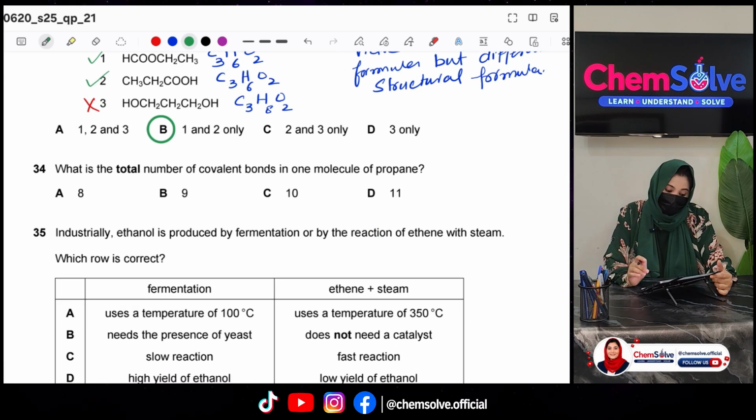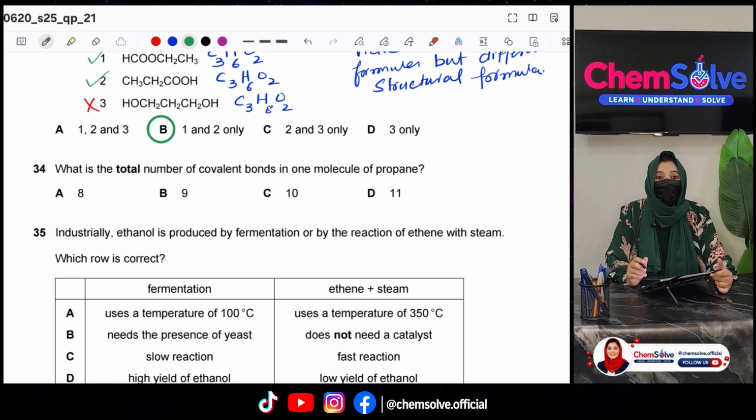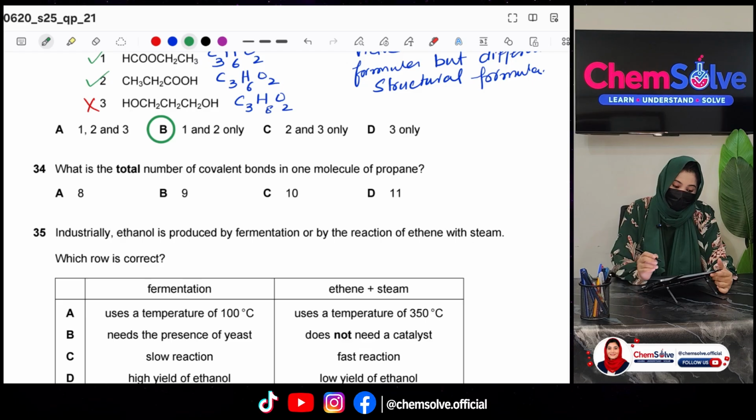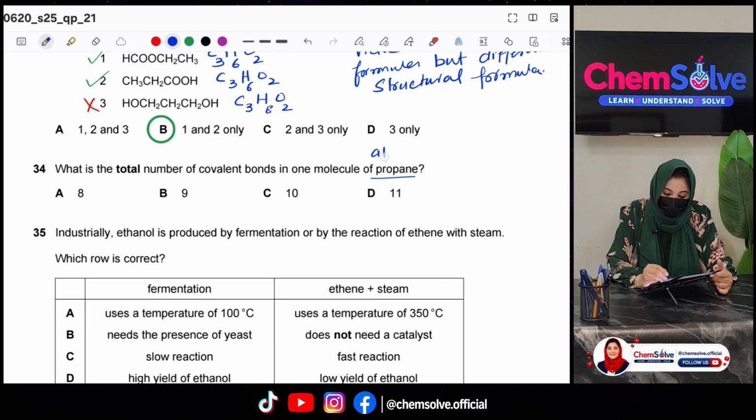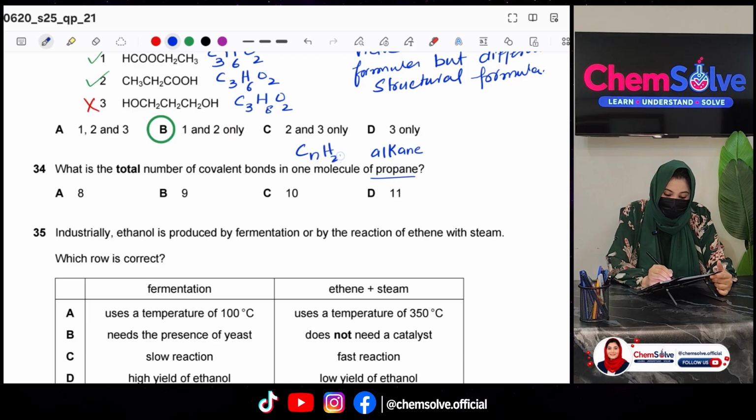Now move towards question number 34. What is the total number of covalent bonds in one molecule of propane? Okay, so let's write down the structure of propane. Propane is an alkane. An alkane has the general formula CnH2n+2. So prop means carbon 3. So carbon 3, H, 2 into 3, 6 plus 2, 8. Now let's draw the covalent bonds.